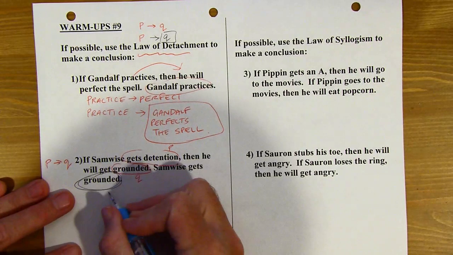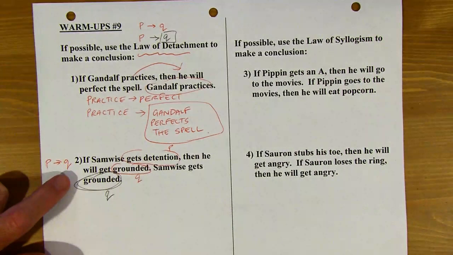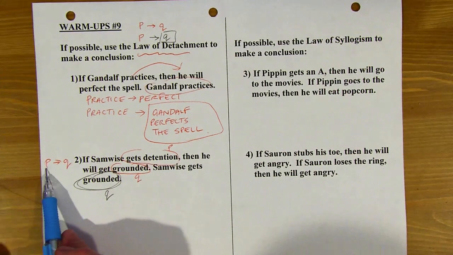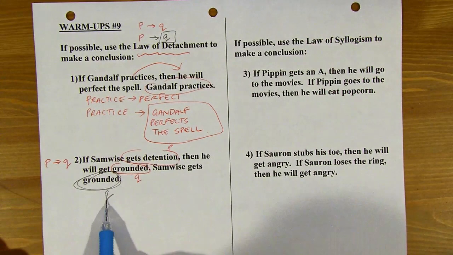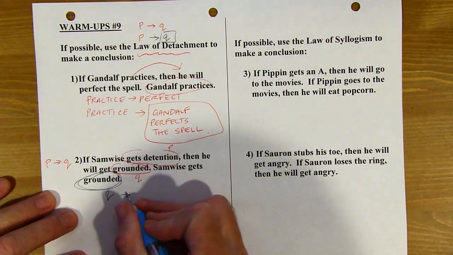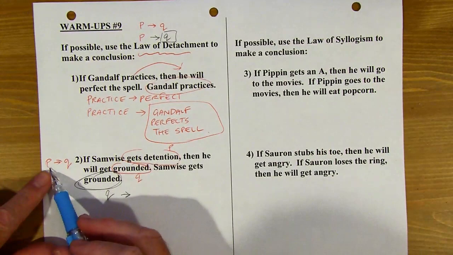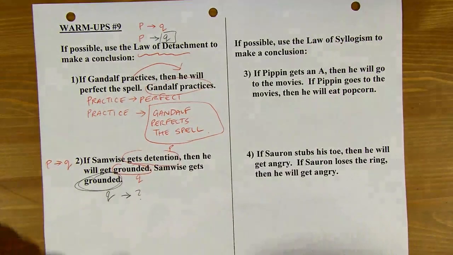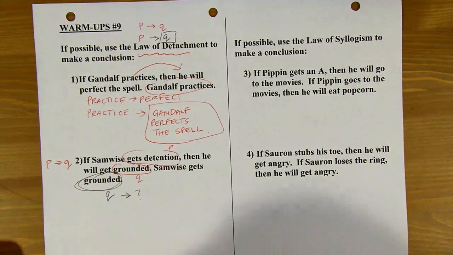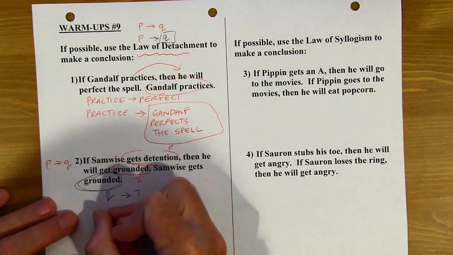This is the conclusion of the original statement, okay? So just because my original hypothesis leads to that conclusion, that doesn't mean this conclusion leads back to the original hypothesis. We don't know where that leads, okay? So we actually can't use the law of detachment here, okay? So this is not possible.